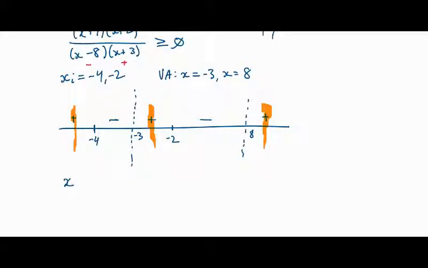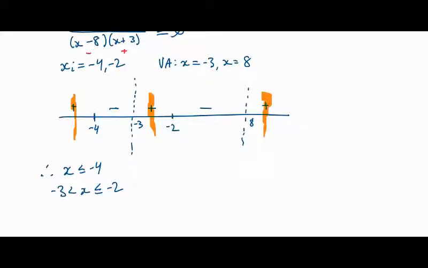So x less than or equal to negative 4. This interval is between negative 3 and negative 2, not equal to the asymptote. It is equal to the intercept. And the last one, greater than 8, but not equal to because it's an asymptote.